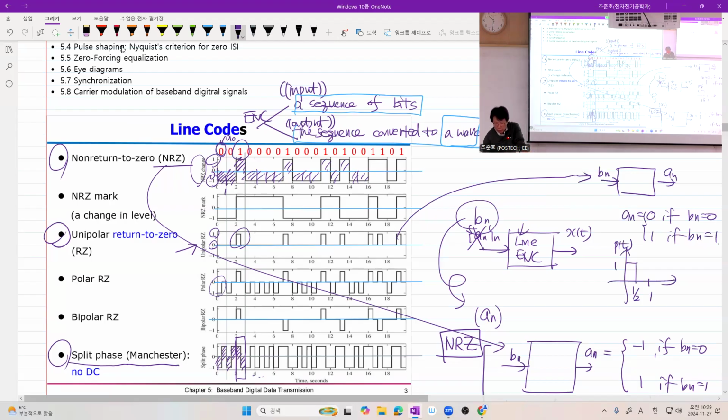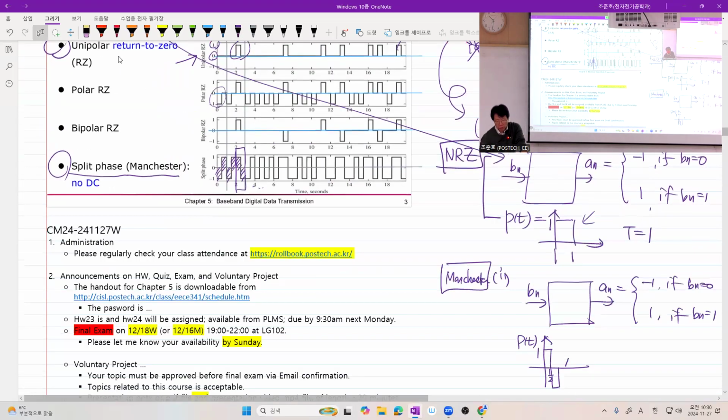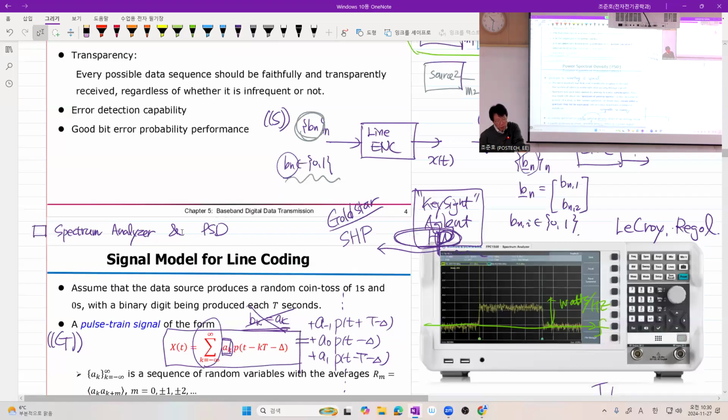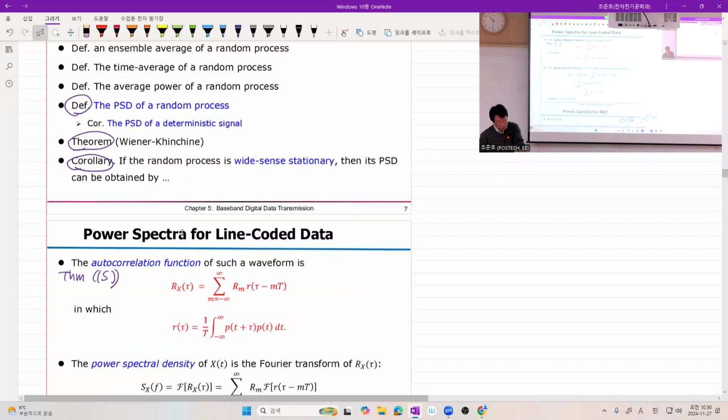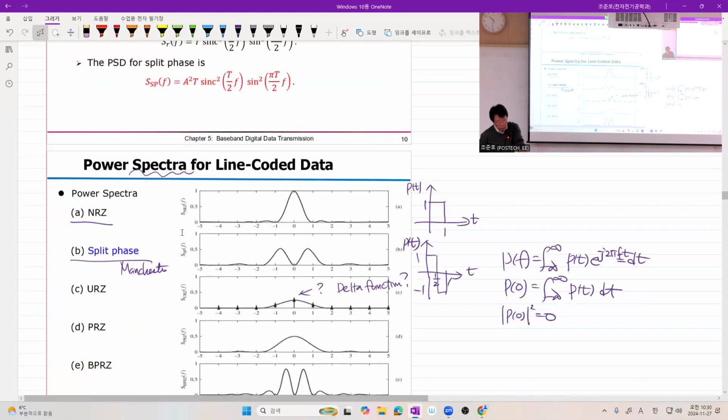The Fourier transform of this pulse, which has half the width of that pulse, is just what? A stretched sinc function. So the first factor, the symbol pulse transmission rate, is fixed as T, 1 over T, which is 1.